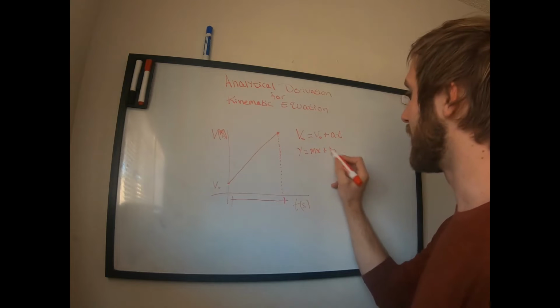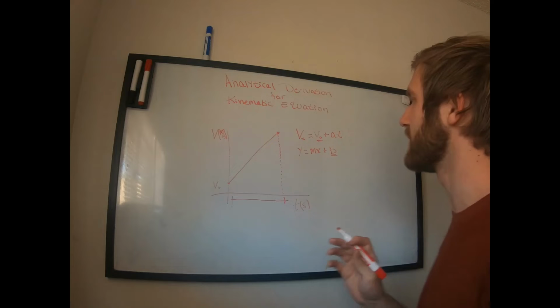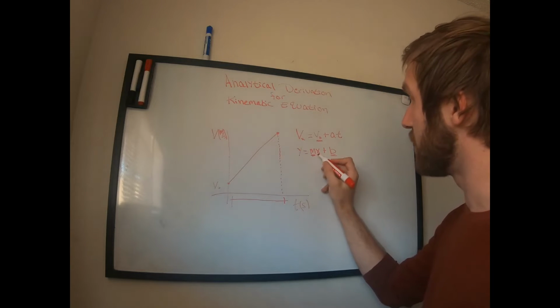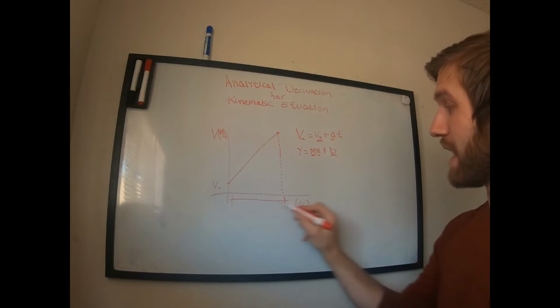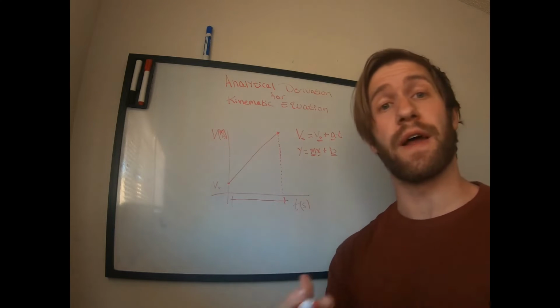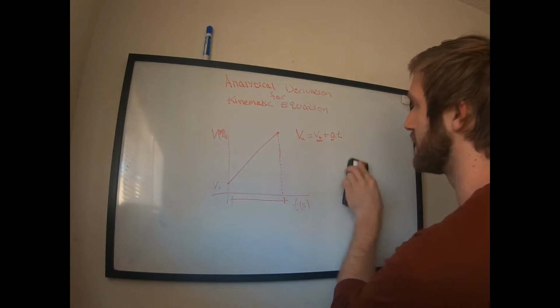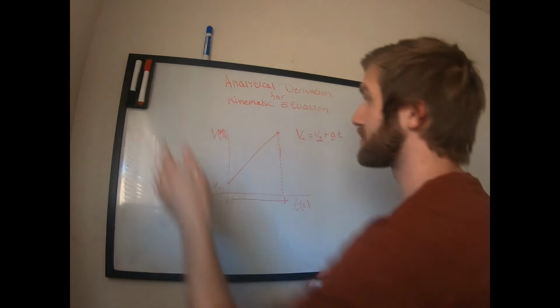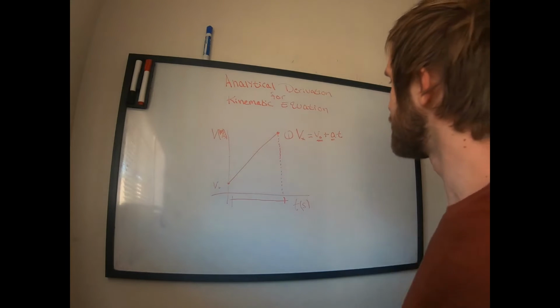That will just be our initial velocity. M being our slope, in other words, the acceleration, x being time, since this is along the x-axis, and y being our final velocity. So now that we got that out of the way, we can go on to express our second equation of motion, since we have number one right here.